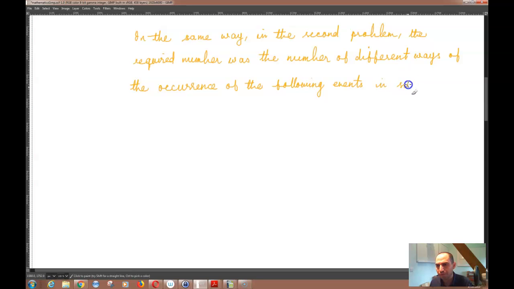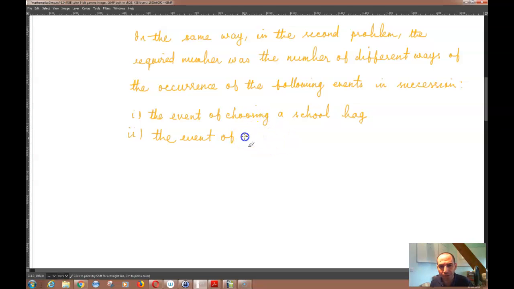In the same way, in the second problem, the required number was the number of different ways of the occurrence of the following events in succession, which was basically one, the event of choosing a school bag, number two, the event of choosing a tiffin box, and number three, the event of choosing a water bottle.